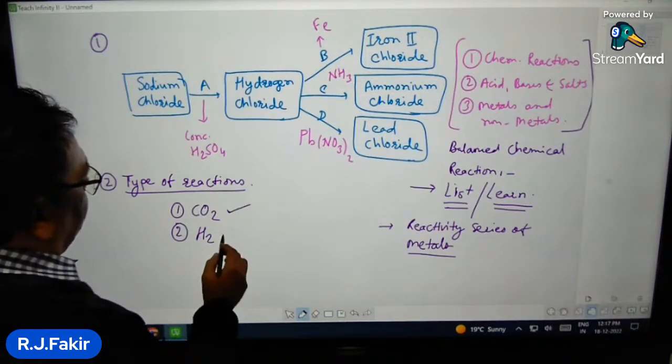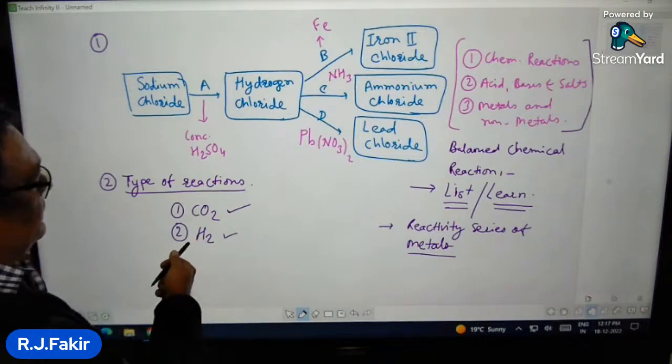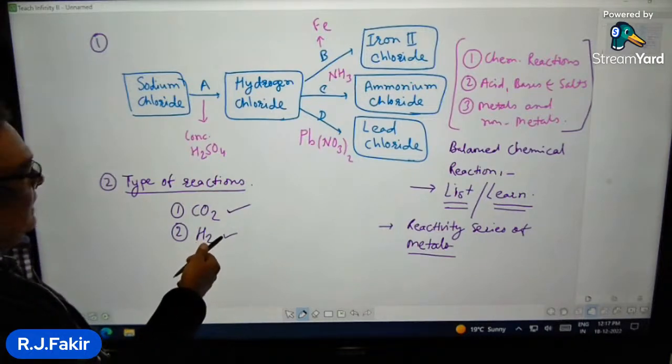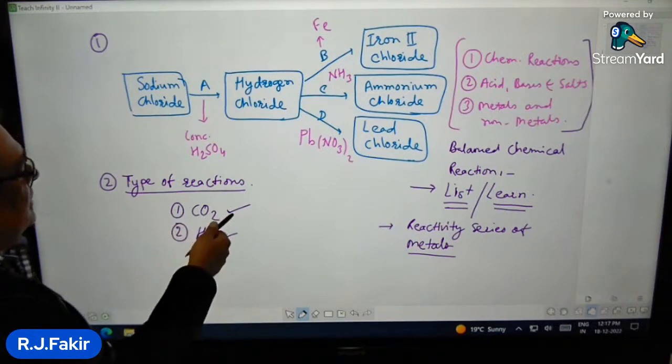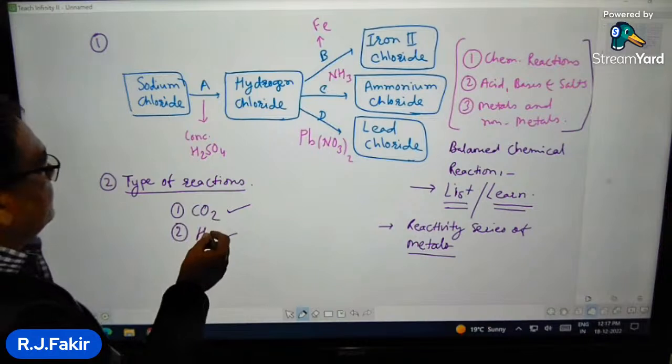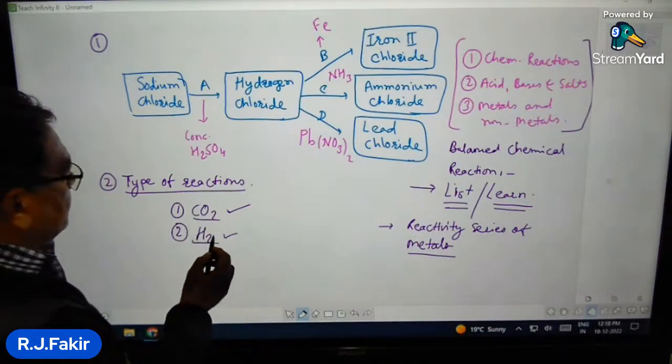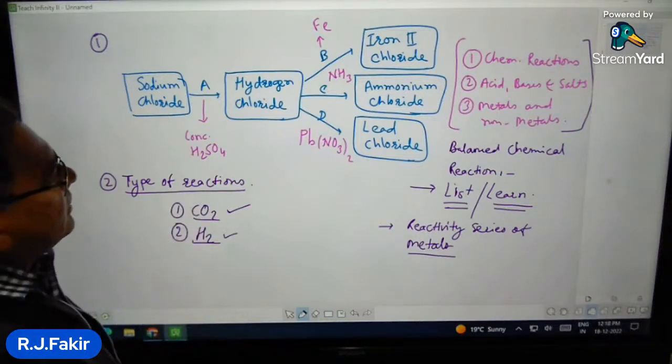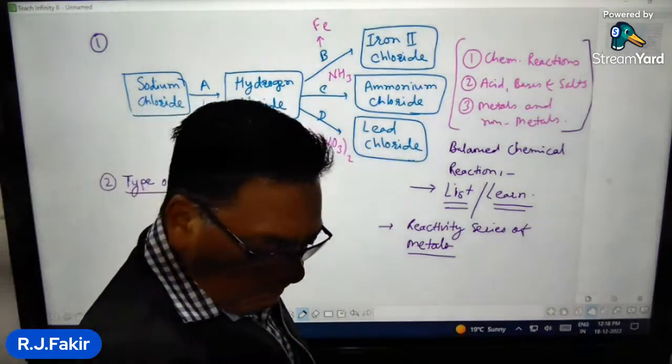You already know about these both. This is something like that pop sound activity. And with this one, the calcium hydroxide turns milky. So some of these kinds of questions will be there.